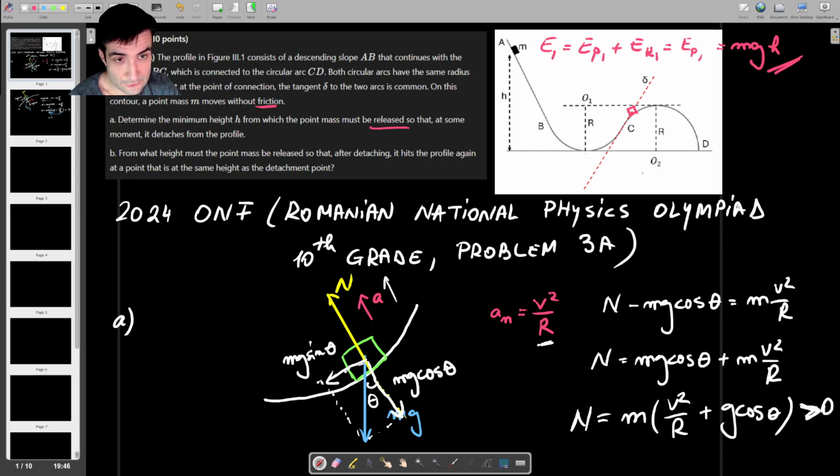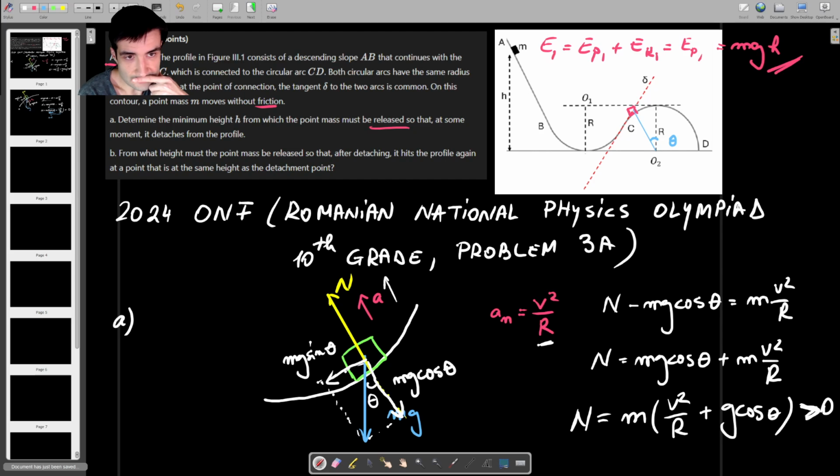Okay, so let's try to draw some angles. The angle between this object and the vertical, I'm going to call theta, because why not? This is my angle theta, which is arbitrary for now.